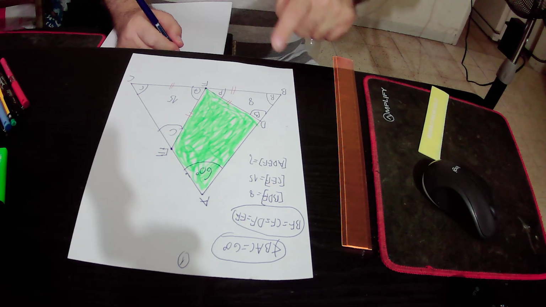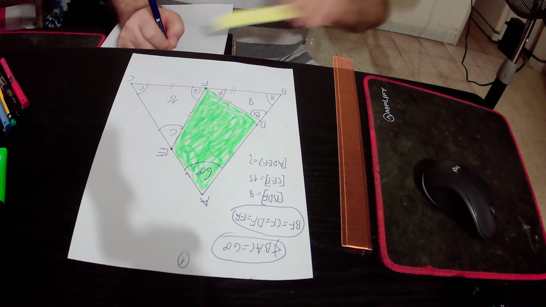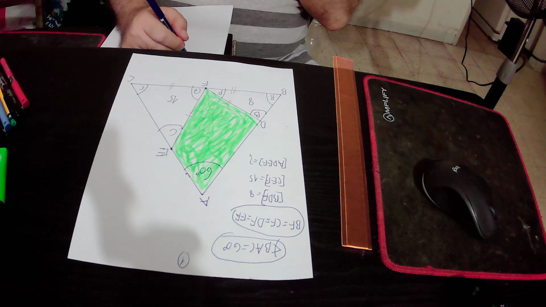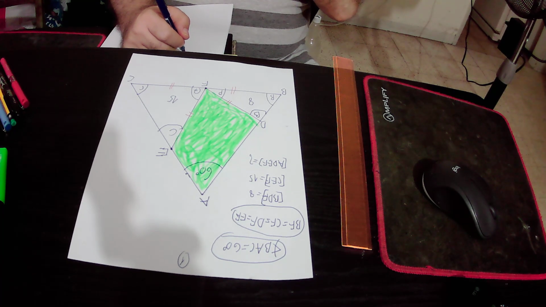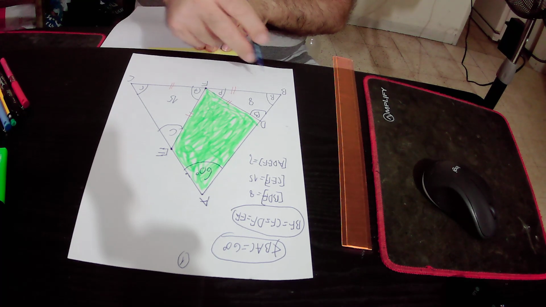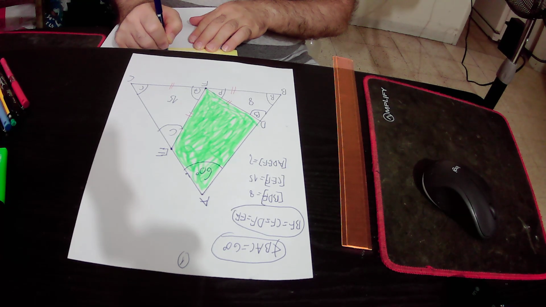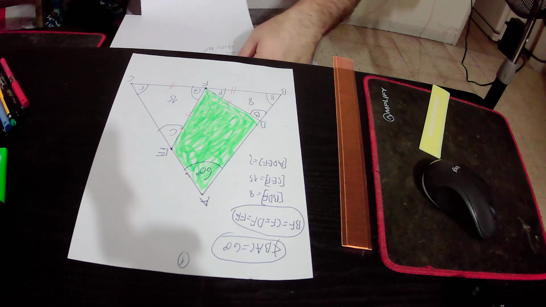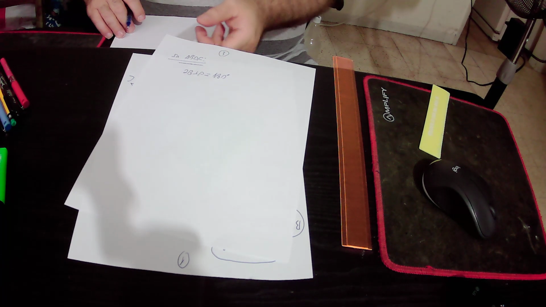So in triangle BDF, the sum of the angles equals 180 degrees, therefore B plus B plus P must be equal to 180 degrees, that is to say 2B plus P must be equal to 180 degrees.